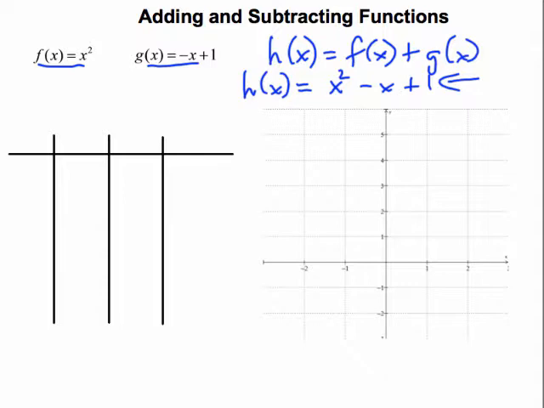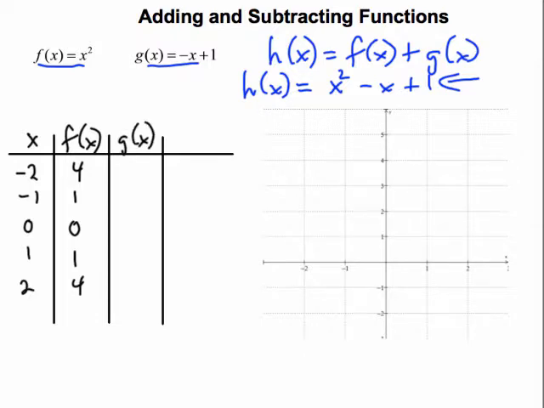So I'm going to take some values of x, and I know for f of x the y values are like so, and for g of x my y values would be like so.